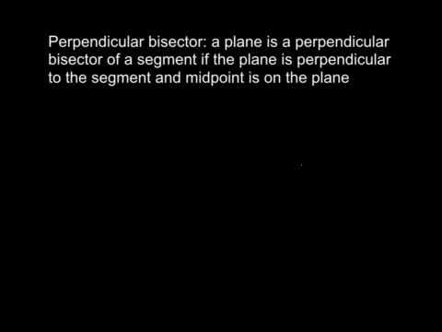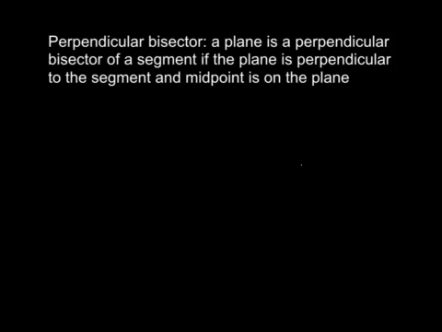First, we're going to talk about the perpendicular bisector. A plane is a perpendicular bisector of a segment if the plane is perpendicular to the segment and the midpoint is on the plane.